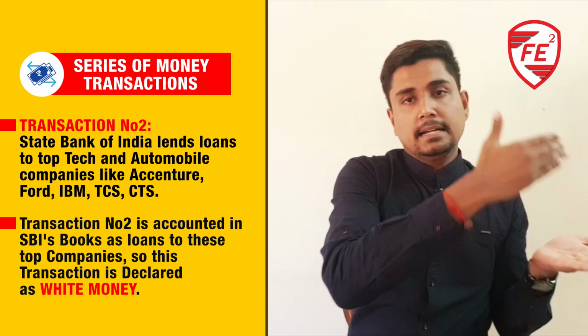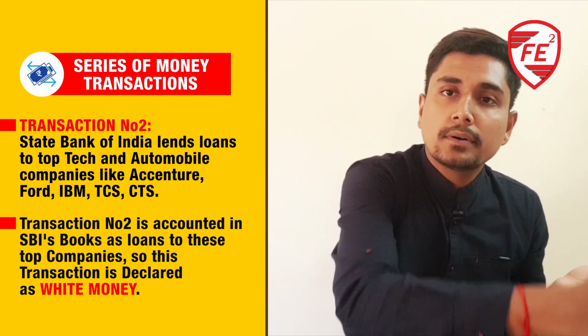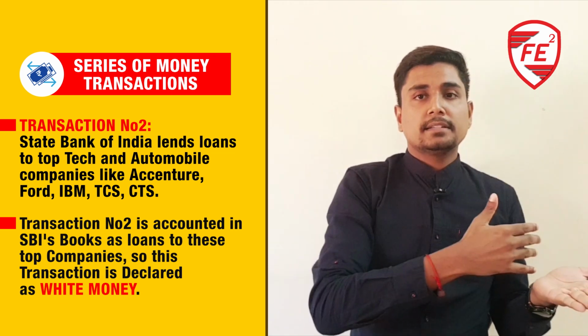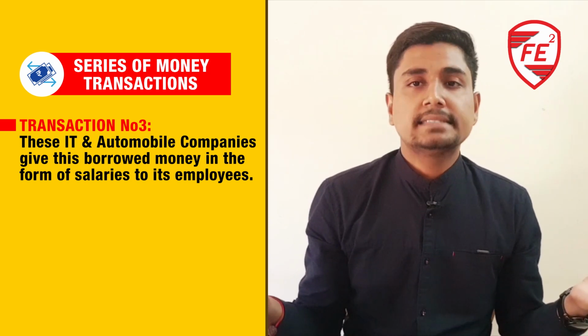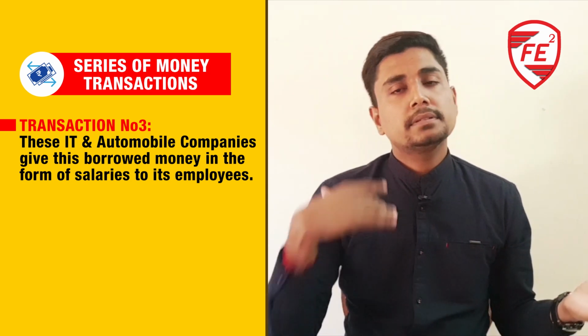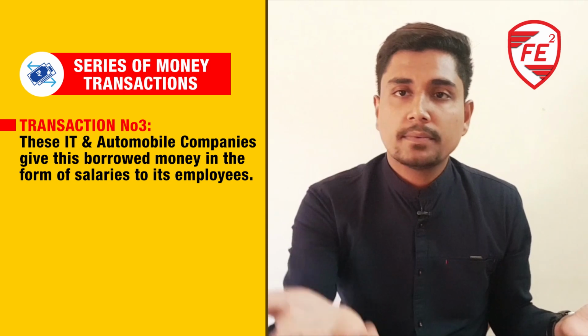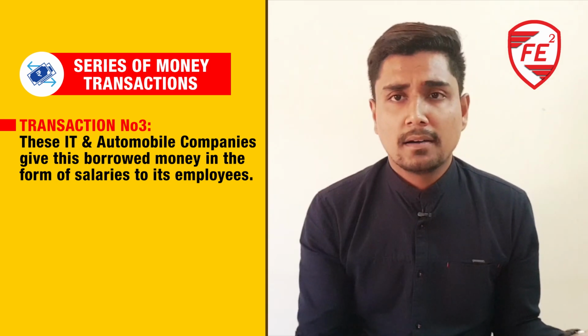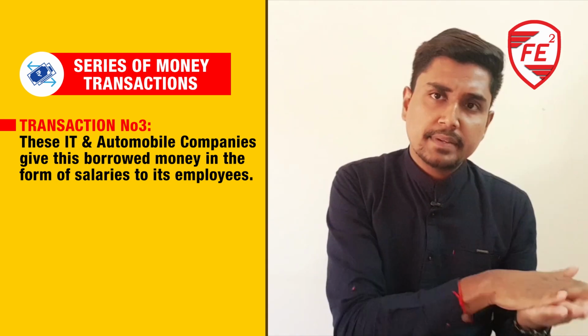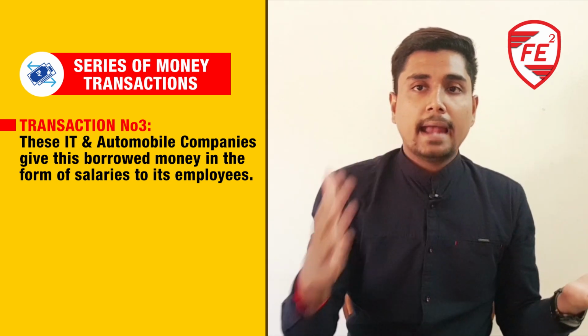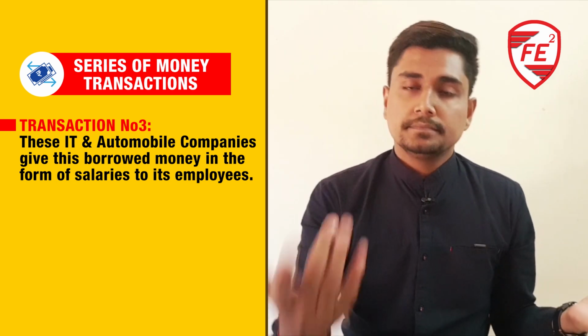Now these companies, Accenture, CTS, IBM, Zogo, TCS, got the money from State Bank of India. Now they are giving a salary to you and me. For example, if you are working in CTS, Accenture, Zogo, IBM, Ford Motor Company, Renault Nissan or Toyota, any of these corporate giants who borrowed loans from SBI have the funds now and are giving a salary to their employees.